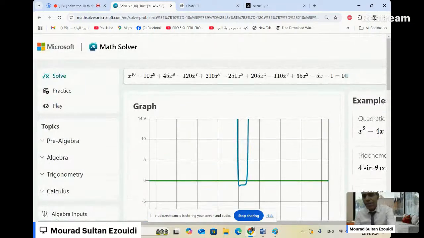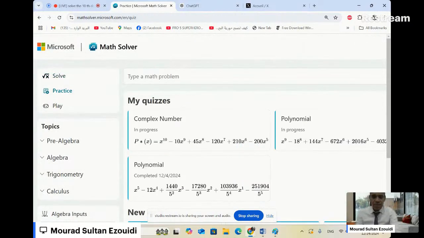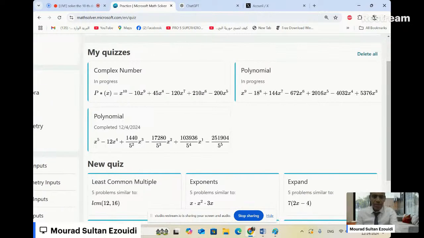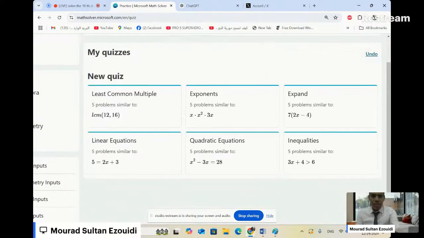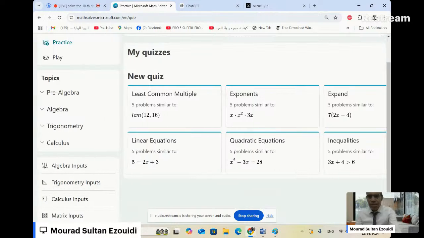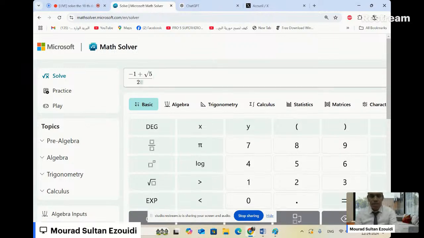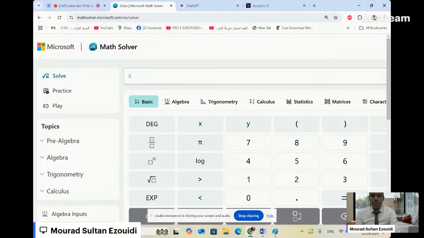He uses graphical complex. In progress. Complex number. So he can do okay. Delete one. Yes. Okay. Solve again. Okay.